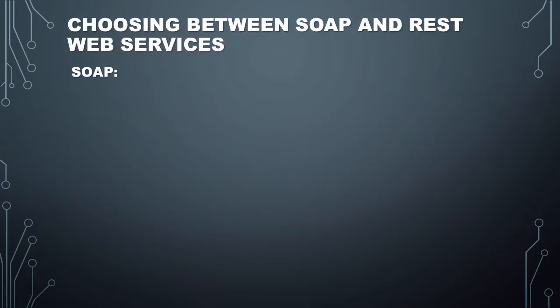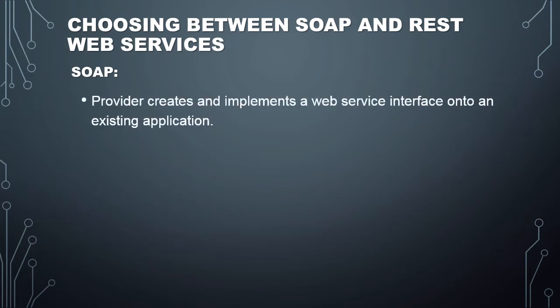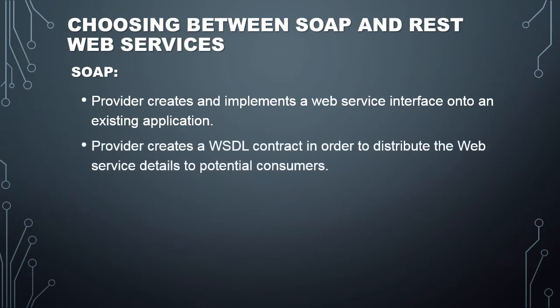Now we're going to talk about choosing between SOAP and REST web services. We'll talk about some features of SOAP. The provider creates and implements a web service interface onto an existing application. The provider creates a WSDL contract in order to distribute the web service details to potential consumers.